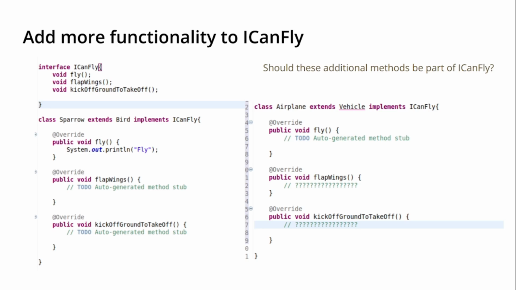So what needs to be done here? How can we fix it? Instead of having one interface with too many functionalities, we can create small interfaces.